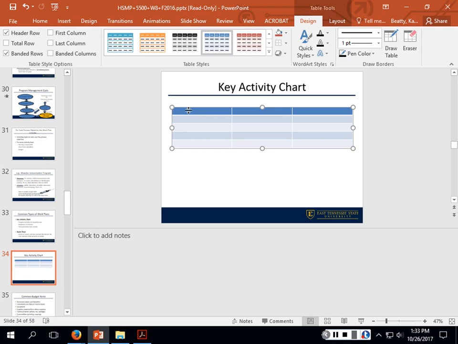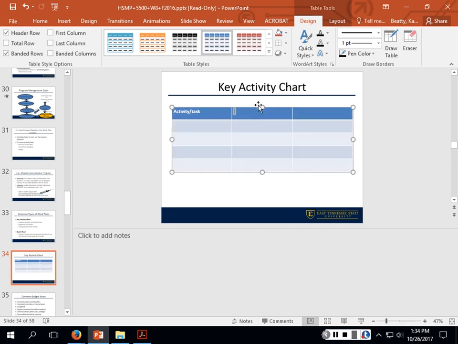So in the first column, you will include the activity or the task. The second column will be the person responsible, and the third column will be the time frame.